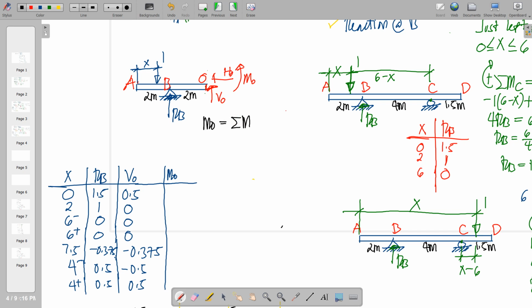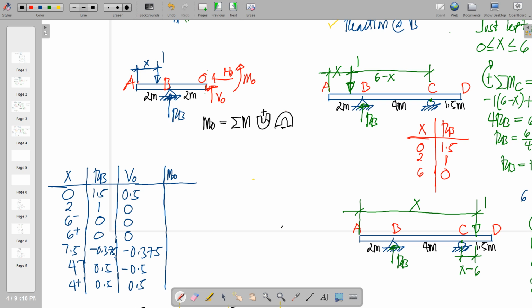We'll just sum up all the moments, adopting a sign convention that if we have a concave upwards behavior, that is positive, and a concave downwards behavior of the element will be negative.